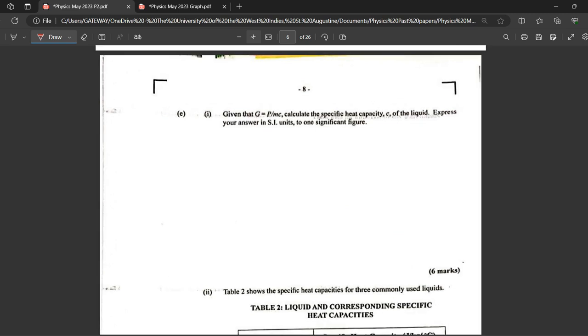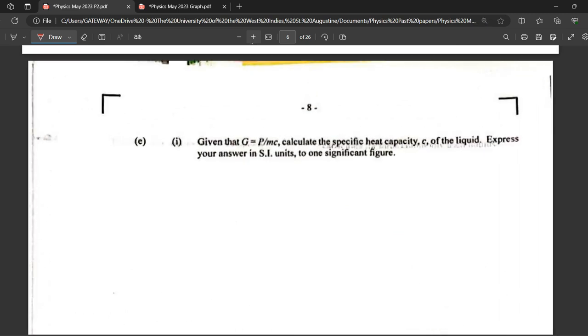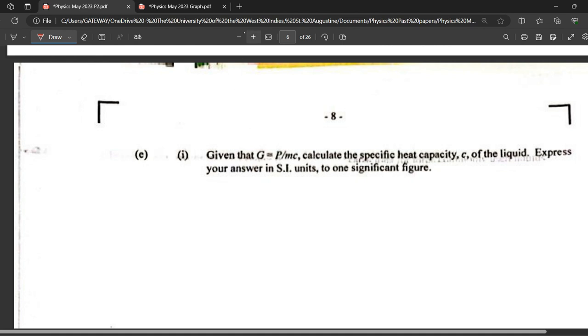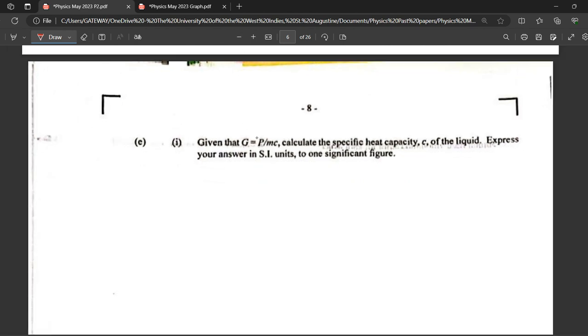So here now, part E, they say: given that G, which, remember, G is the gradient, is equal to P divided by MC, where M is the mass, P will obviously be the power, calculate the specific heat capacity C of the liquid.